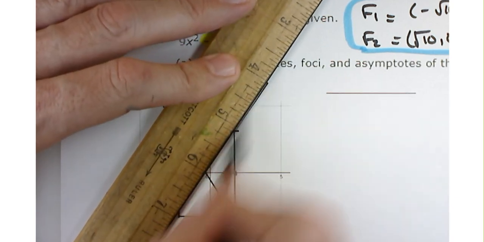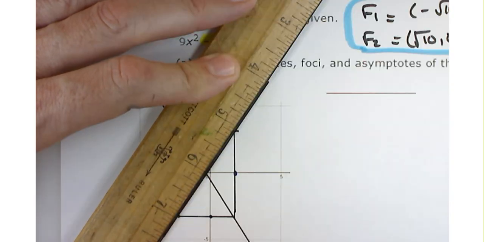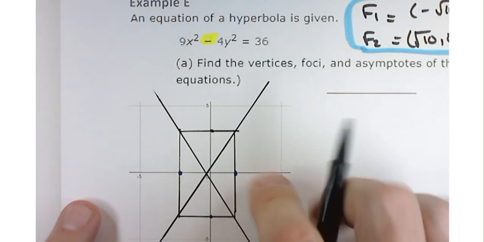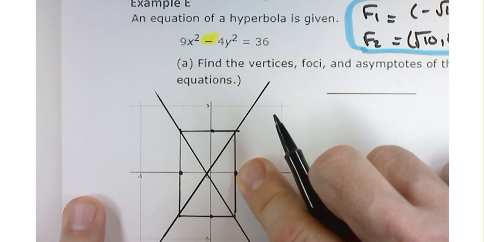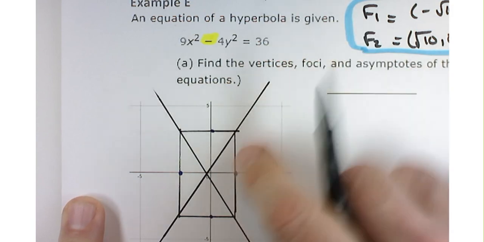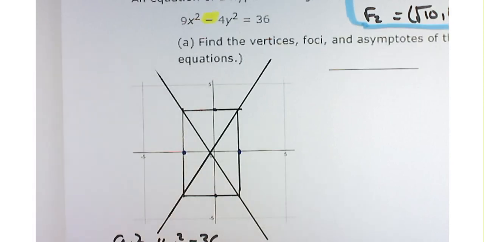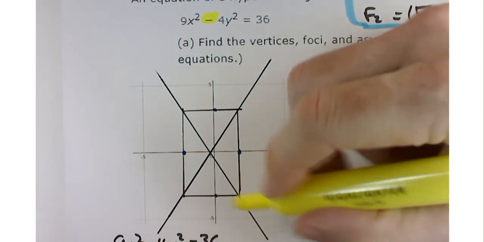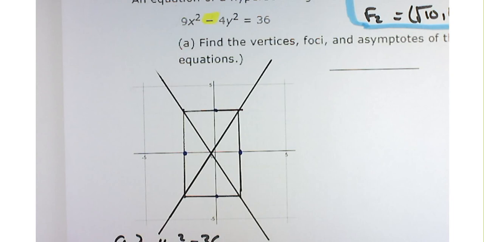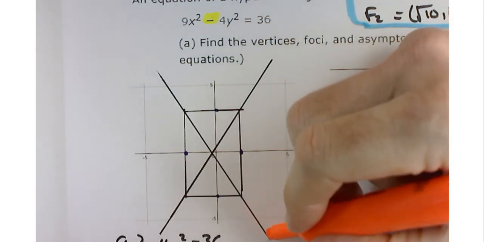And then we know that this is going to open left and right. We're going to have a couple of curves that start here at this vertex and open to the right, and another one that starts here and opens to the left. I'll try an orange. It looks like this.